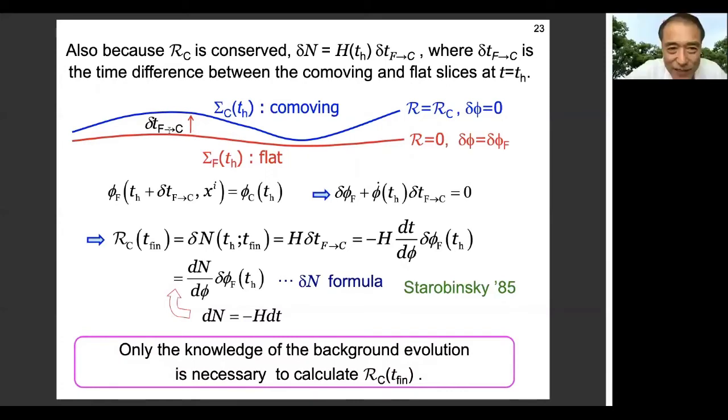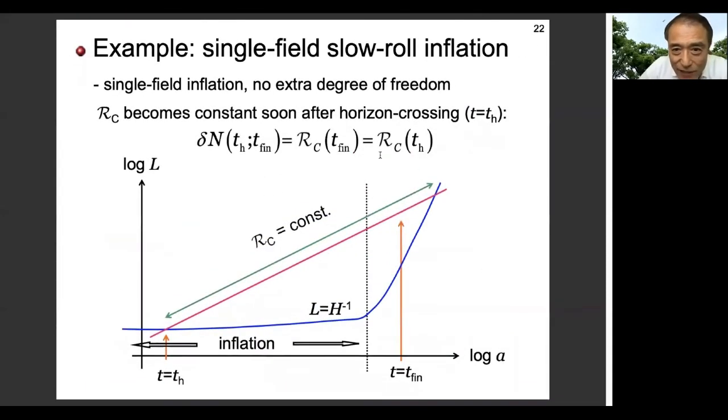In general, you cannot write it in this form, but what I'm trying to say is that delta n is intrinsically given in terms of dn/dphi times delta phi, and as I defined here, it is independent of the initial time t, by definition.